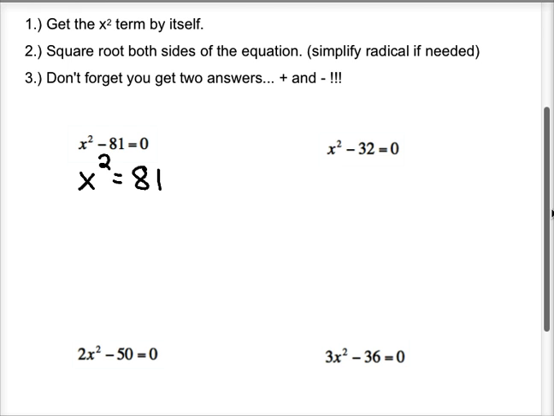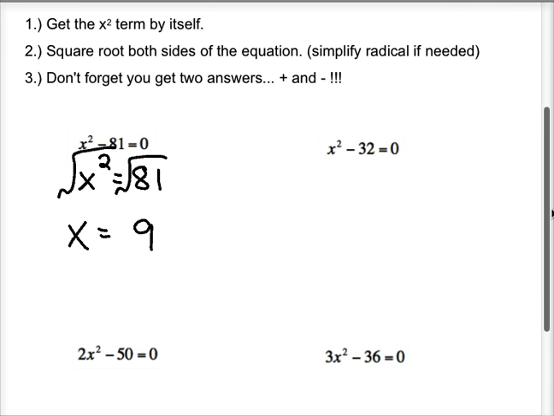And now that I have the x squared term by itself, now I can square root both sides. Square rooting the x squared just leaves me with x. Square rooting undoes a square. And the square root of 81, we know, is 9.